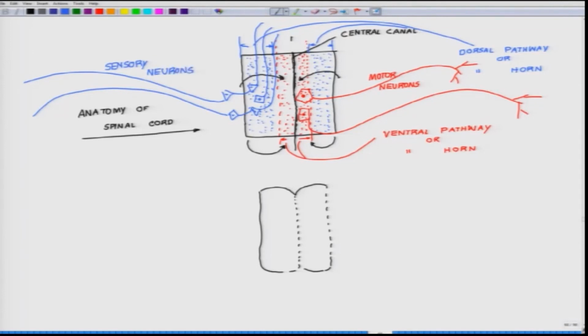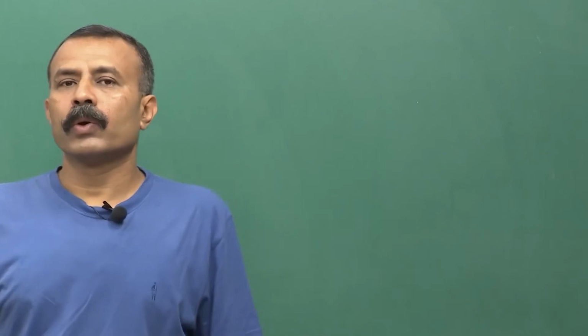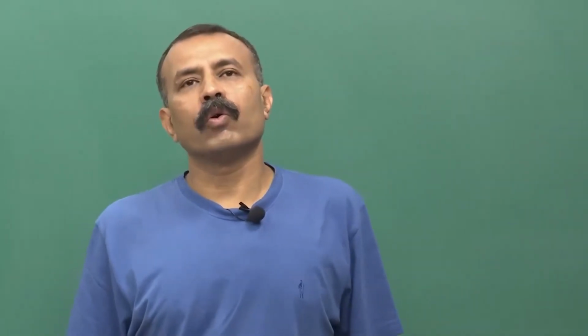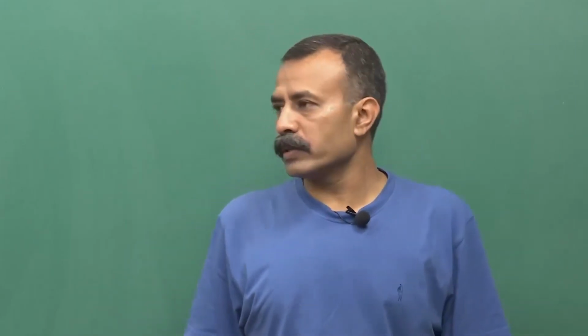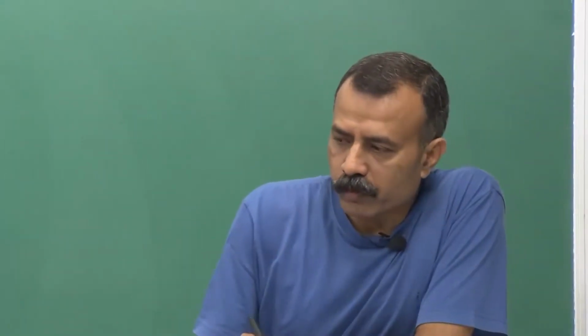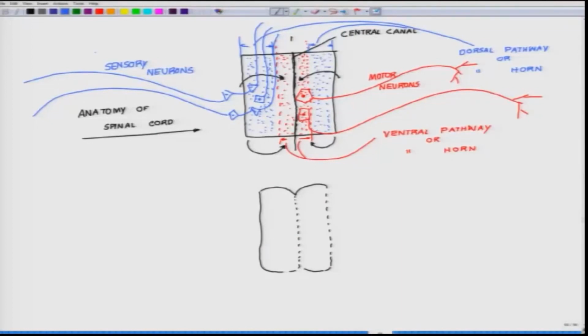As the name itself indicates, sensory neurons are the neurons which are bringing message from all over the body. Okay? Sensory are the ones which are bringing signals from all over the body. Whereas motors are the ones which bring back the processed signal to the respective tissue.